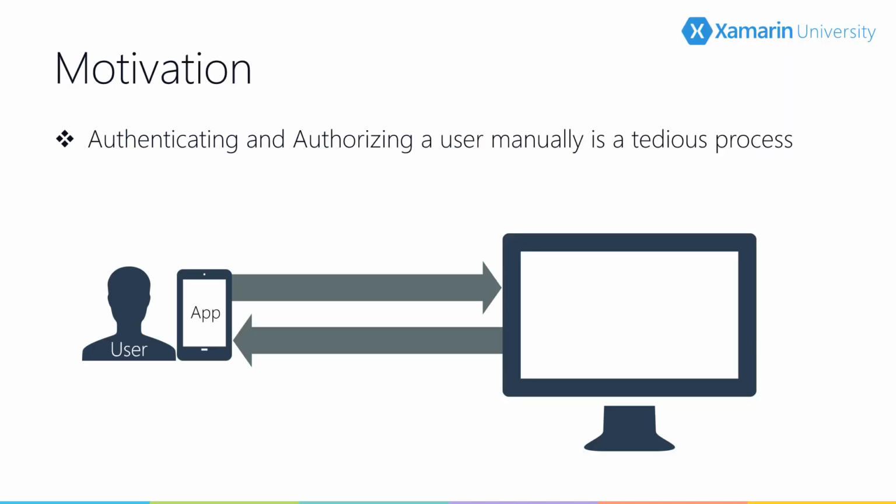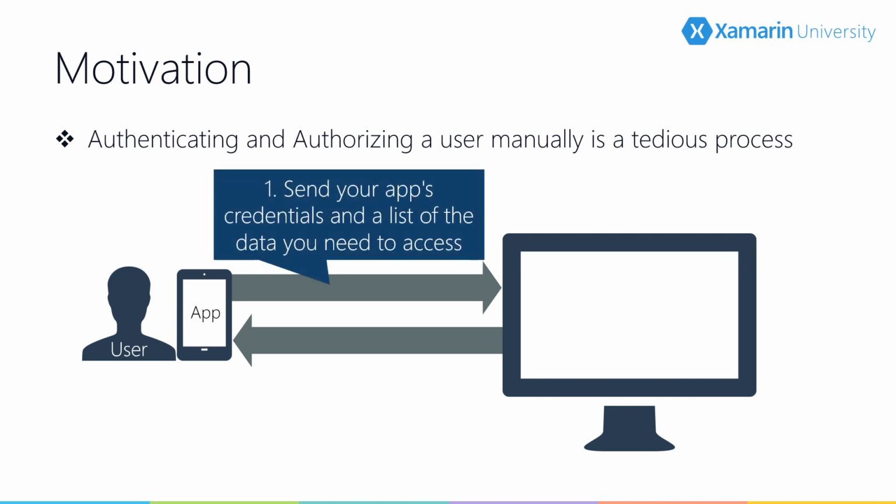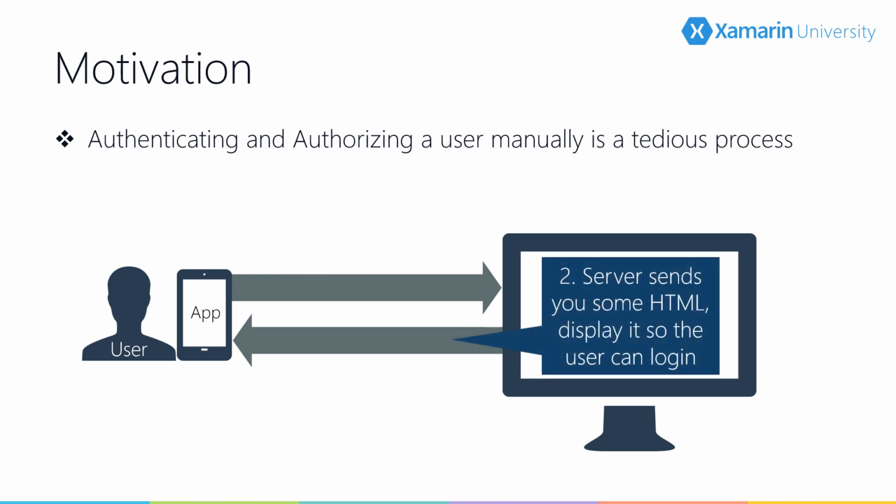Now, authentication and authorization in OAuth2 is a complicated process, and it involves quite a few back and forth steps. So we start by sending the client application's credentials over HTTP to the authorization server. Now, the server returns an HTML page that the user, or the owner of the data, uses to log in and authenticate.